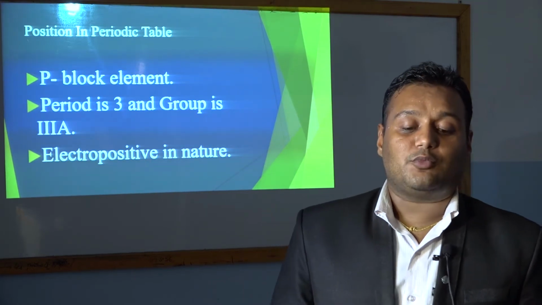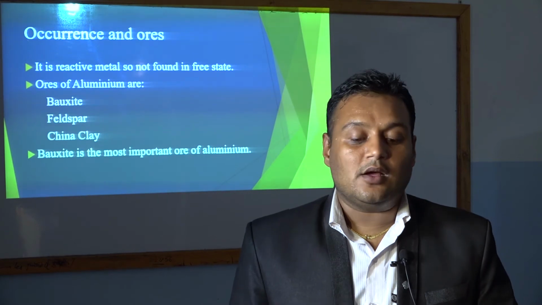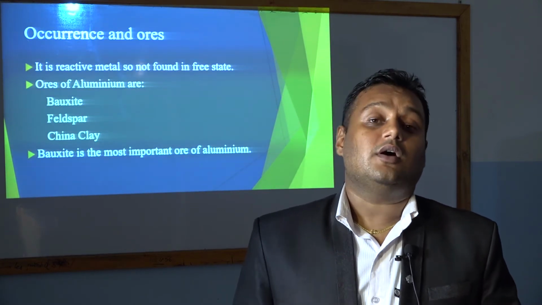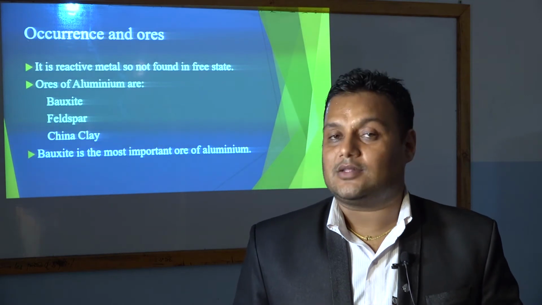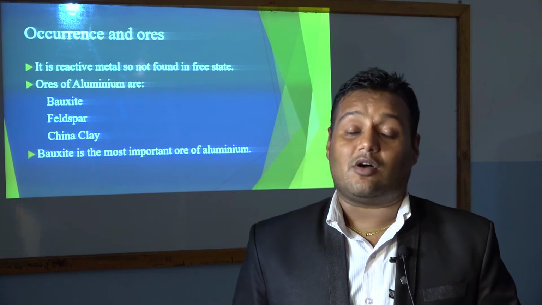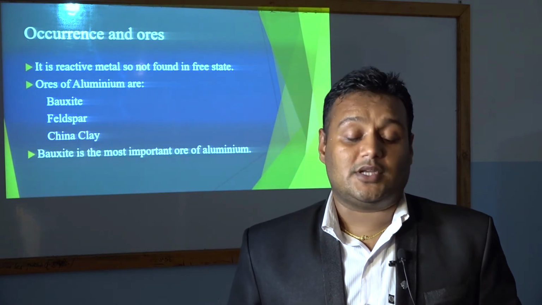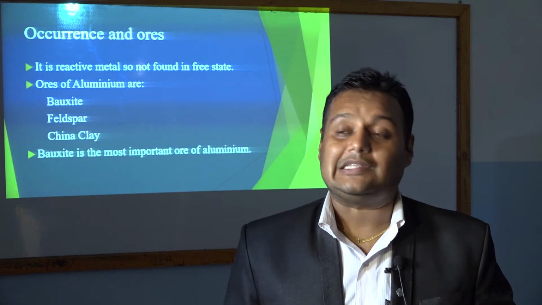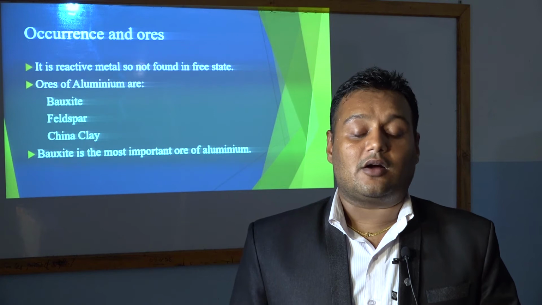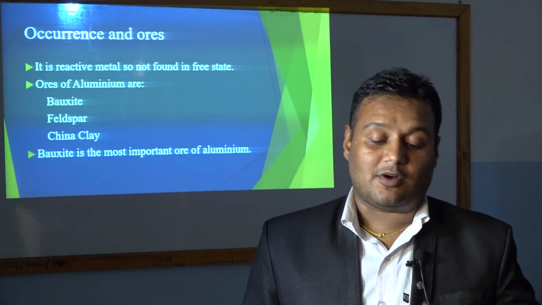Now, after position in the periodic table, let's go for occurrence and ores of aluminium. That is, how aluminium occurs in the earth's crust, and what are the names of its ores. Either it occurs freely or in a combined state. Under this topic, aluminium is a reactive metal, so it is not found in a free state.